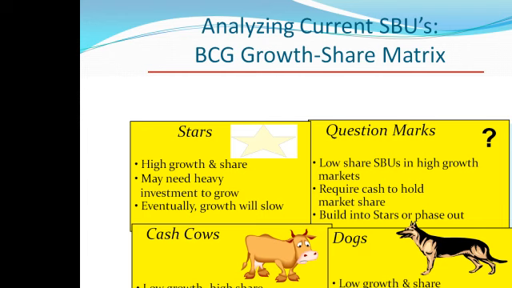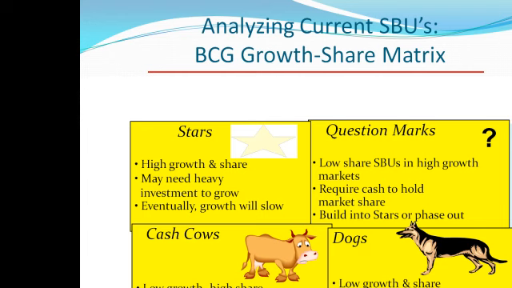So if it's a star, it's a high growth company, and the business is going well. It may need heavy investment to grow, because right now, if a business is sustainable to profit, then you are a star company. But all businesses do come to an end. The growth eventually falls down.